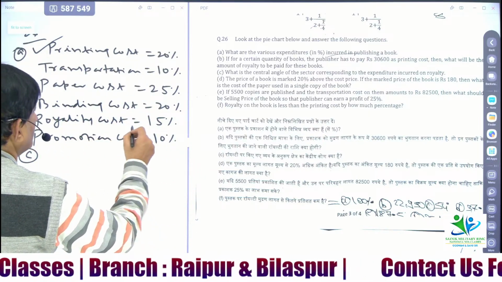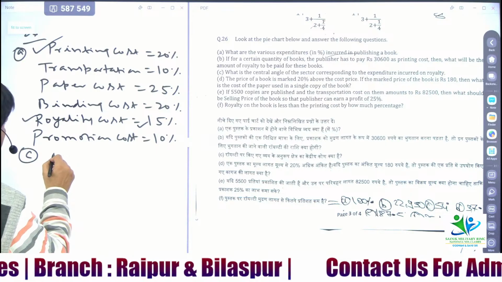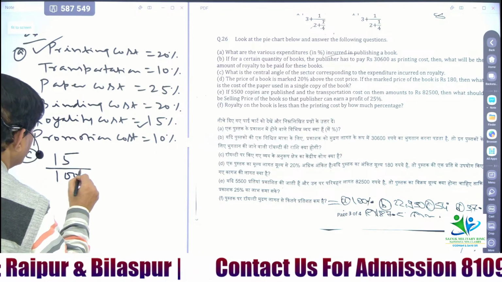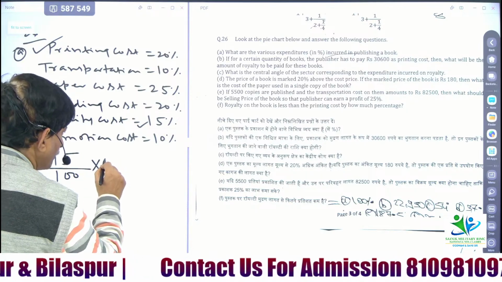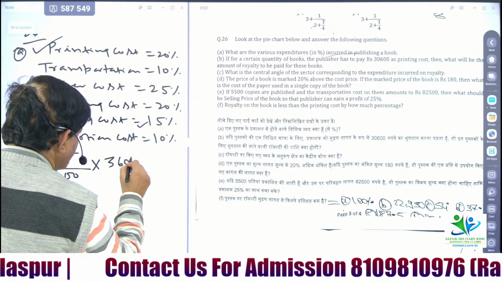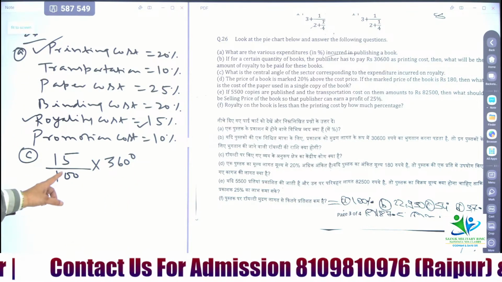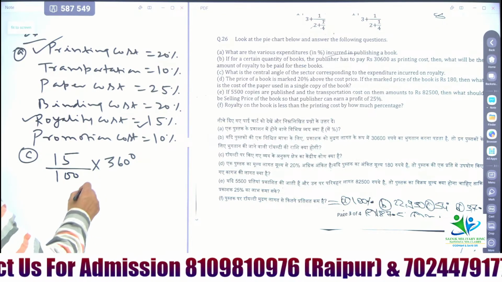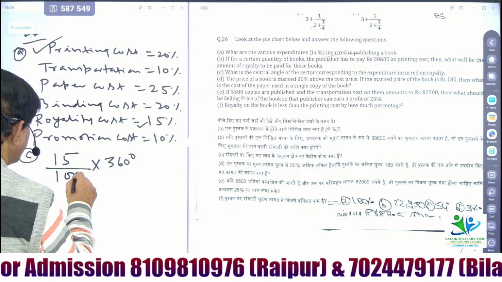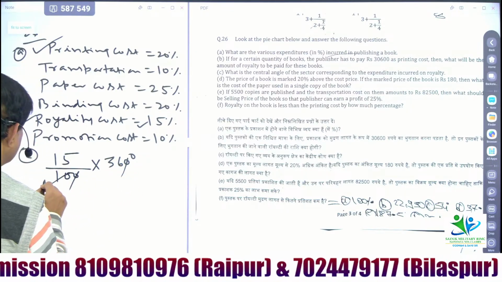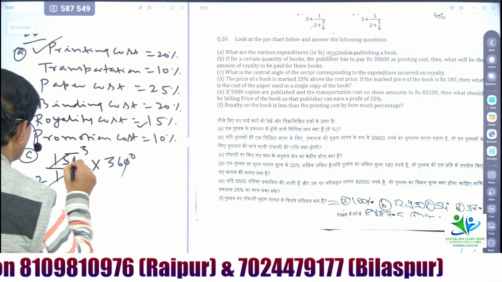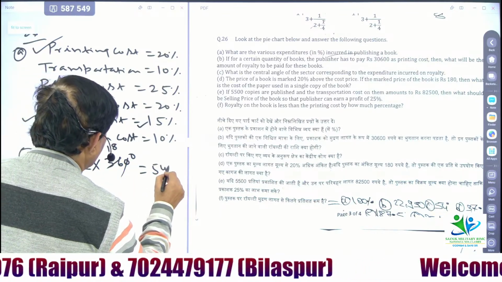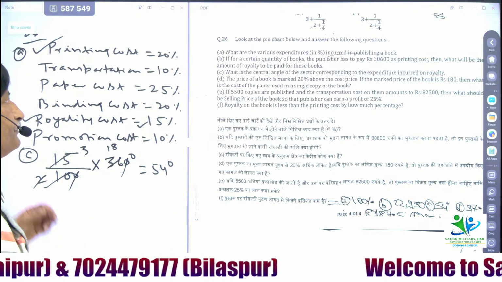See here, for royalty, percentage 15, total percentage 100, and total central angle is 360 degree. 360 degree is used for 100%. That means for 15%, how much angle should be required? Then you cancel here 5, 2 5 3 and 18, and you get the central angle for royalty should be 54 degree.